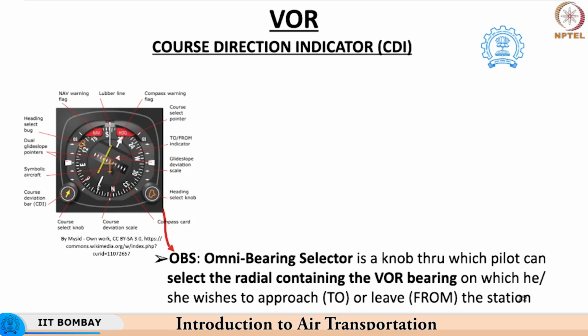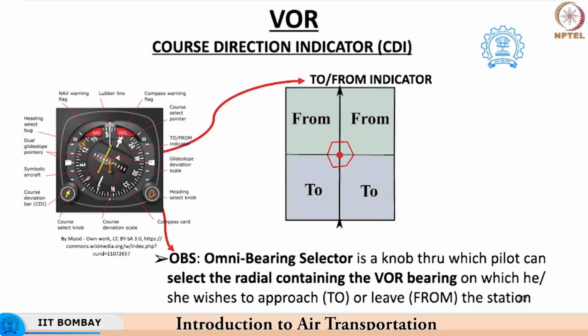As I mentioned earlier, based on what the pilot has planned in the flight plan, the pilot can select what radial course the pilot wants to follow towards the VOR station.